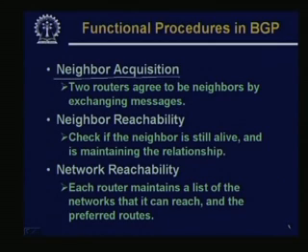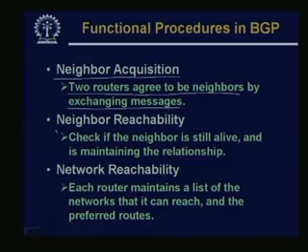This I just mentioned that using the keep alive message type, two routers can agree to be neighbors, and this is done by periodic exchange of keep alive messages. So, they start being a neighbor by sending the open message, but subsequently they will have to keep sending the keep alive message to each other periodically, so that the connection remains established.